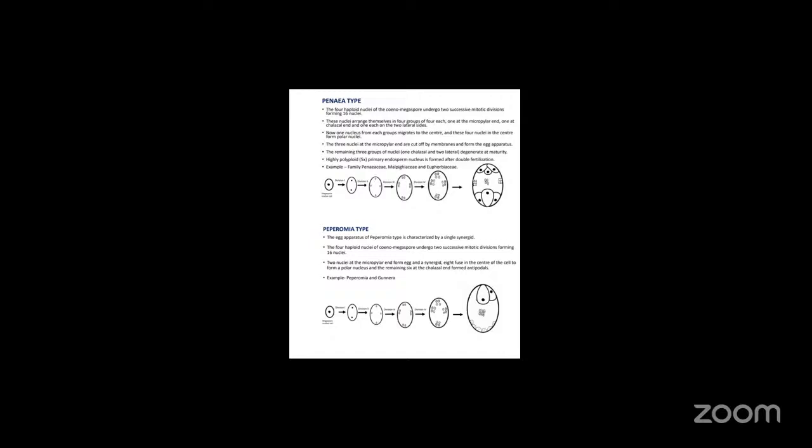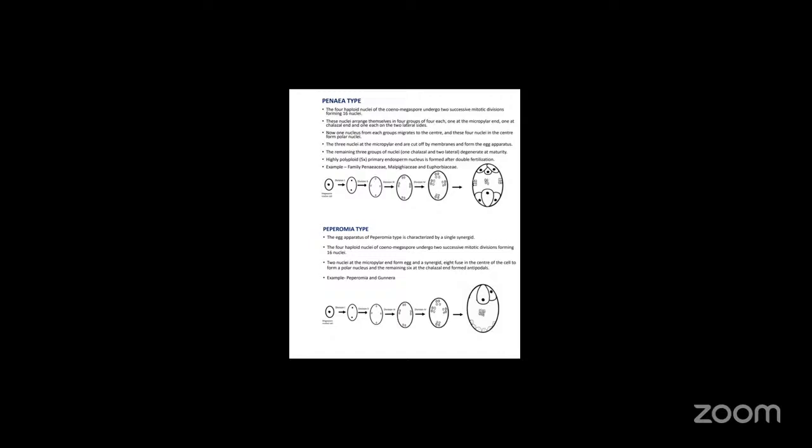Generally, the central cell of the micropylar triad alone functions as the egg. The central cell of the other triads also simulate eggs. This type of embryo sac is characteristic of the family Penaeaceae, and is found in some of the Malpighiaceae and Euphorbiaceae families.